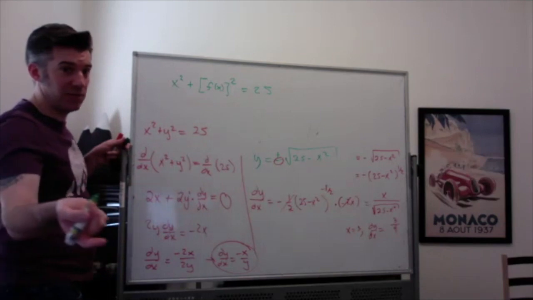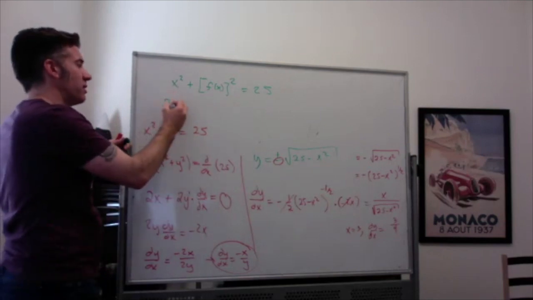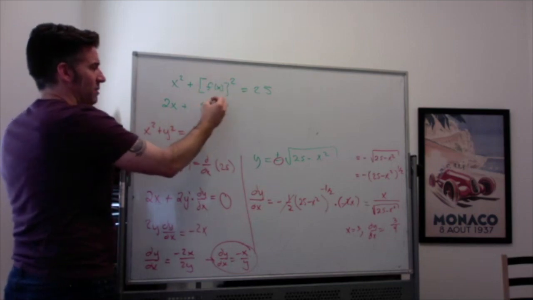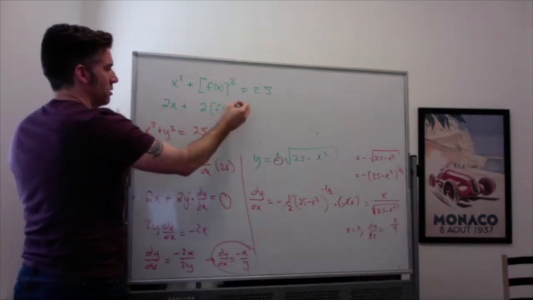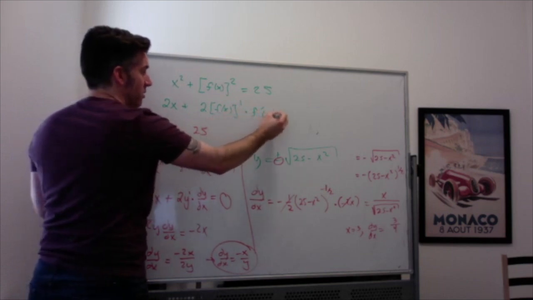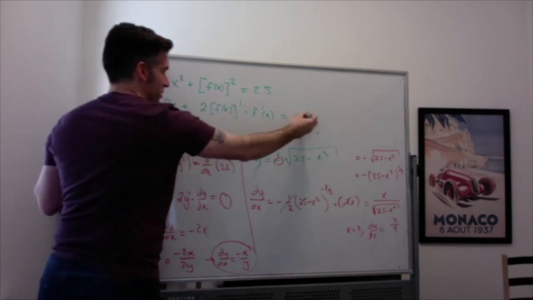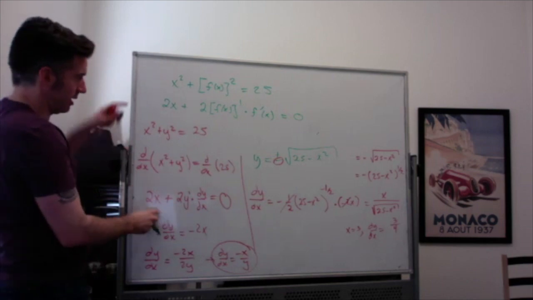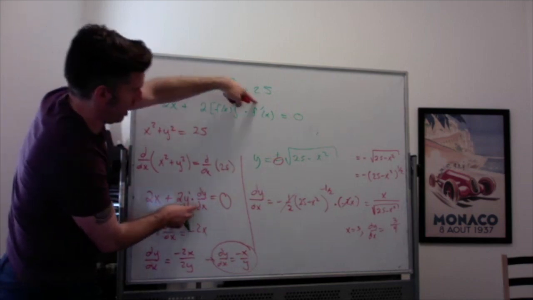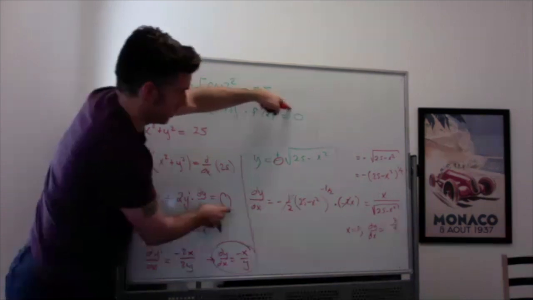And then when I differentiate both sides, the derivative of x squared is 2x. The derivative of some function squared is 2 times my function to the first power times the derivative of the inside part, equal to the derivative of 25, which is 0. That's the same as this, right? It's 2x plus 2 times y to the first times y prime equal to 0.